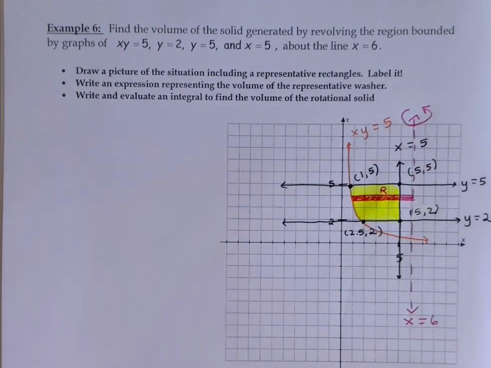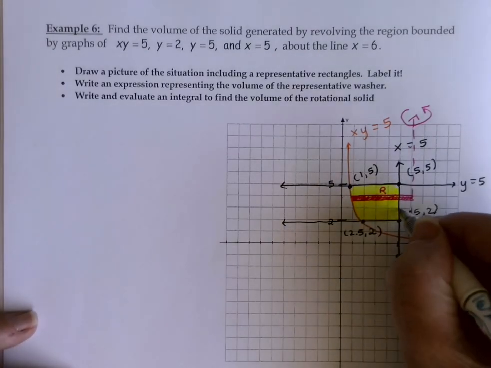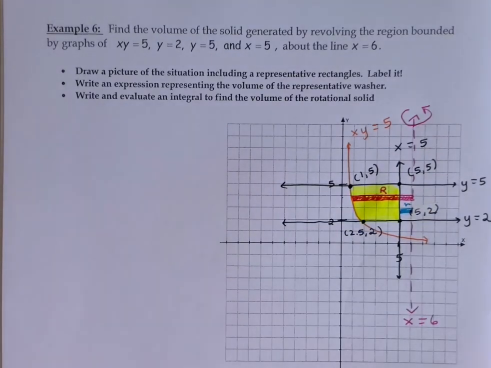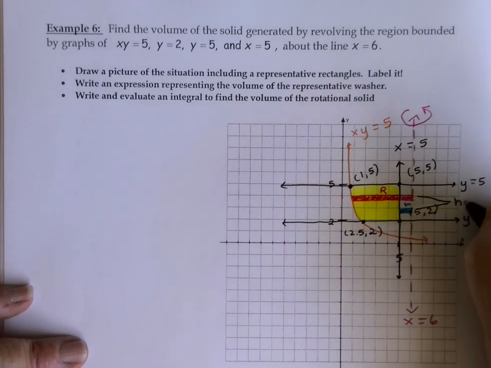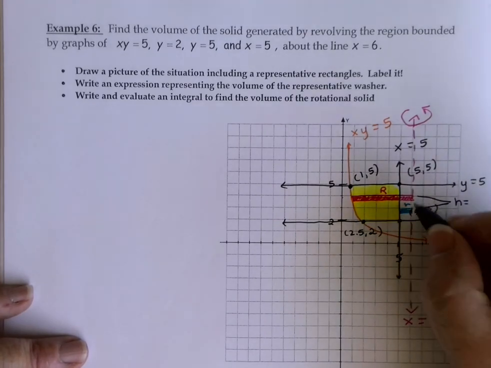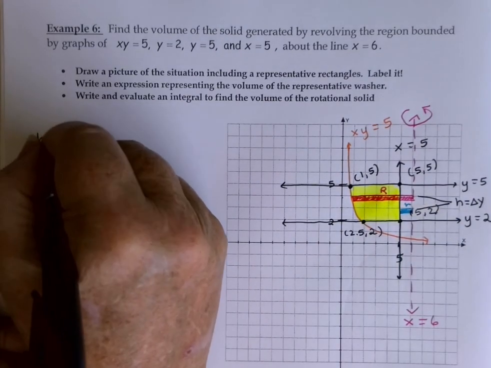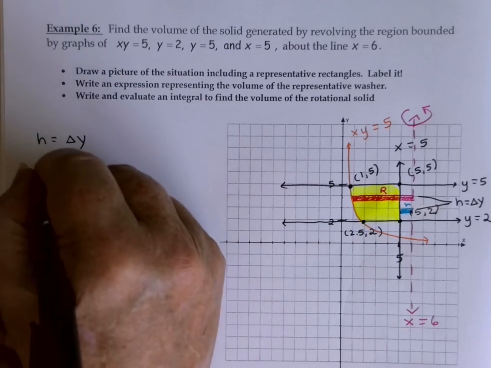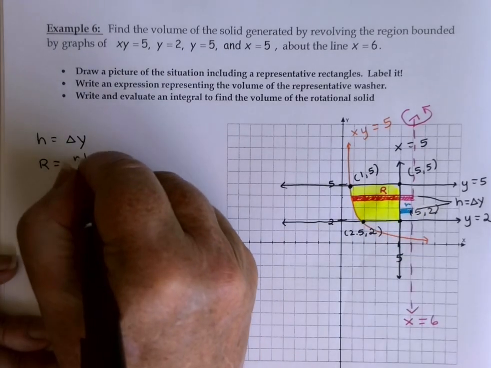And I'll draw little r from the axis of rotation to the closer graph, which is just this vertical line. The heights of the disks are little pieces in the y direction, so delta y.